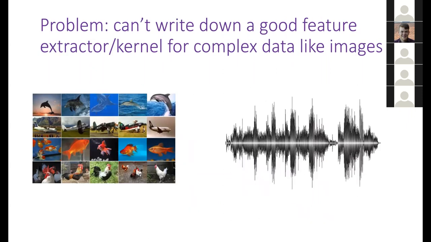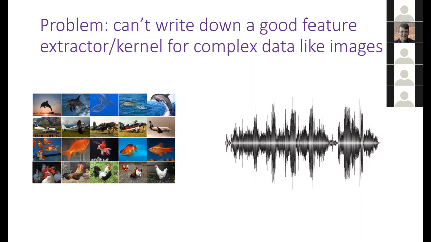Now, the problem is that in this brave new world, we care about very, very complex inputs, things like images or sounds. Up until, again, about 2012, people tried very hard to come up with good either feature extractors or kernels for these types of data.